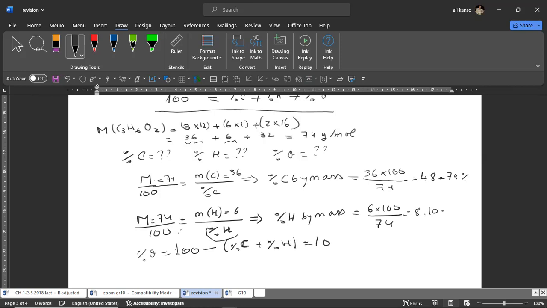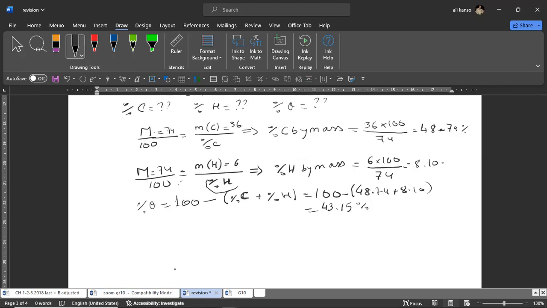So we get 100 minus (48.74 plus 8.10), and find the answer by calculator. The answer is 43.15%.